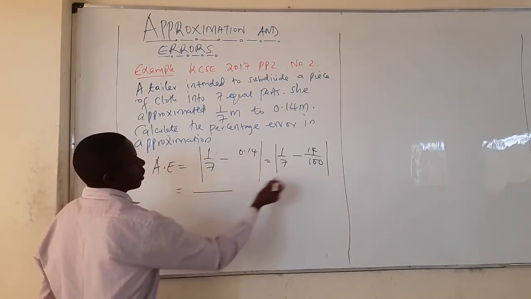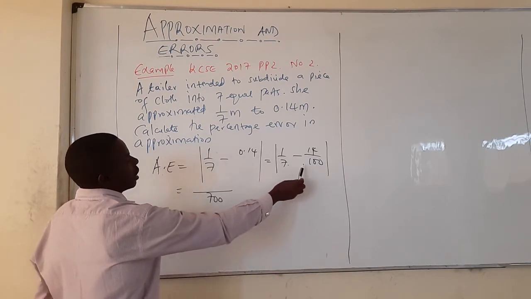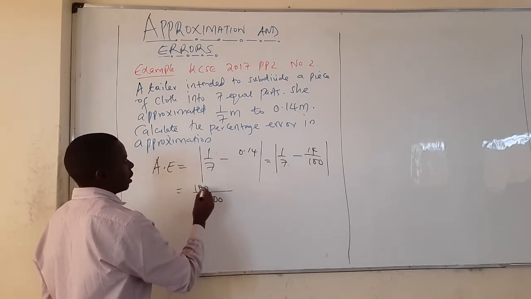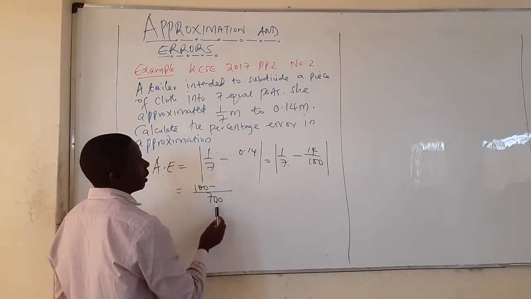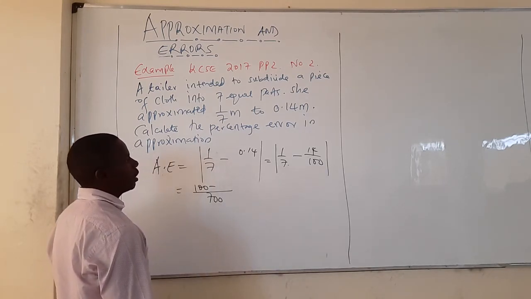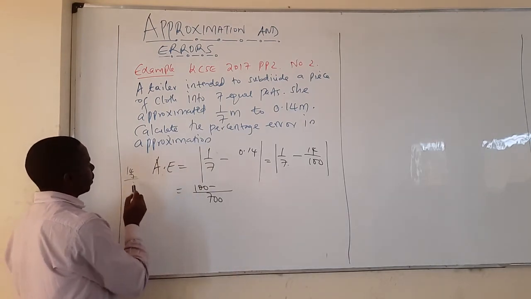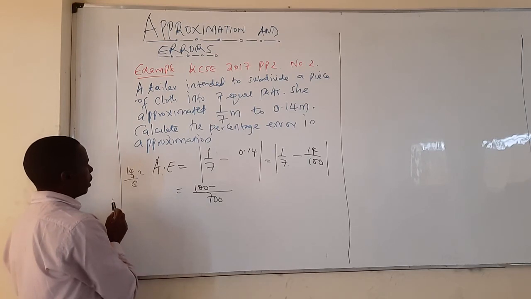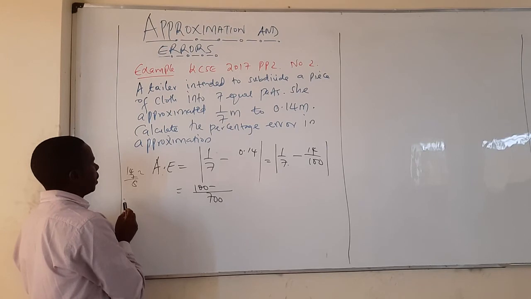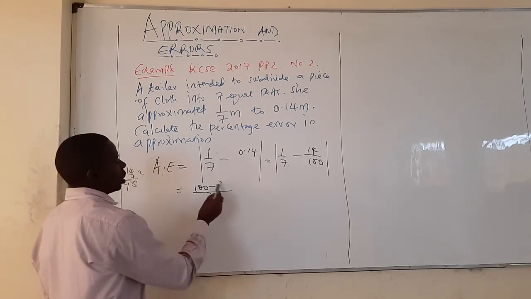The LCM of 7 and 100 is 700. 700 divided by 7, you get 100 times 1, get 100, minus 700 divided by 100, you get 7, and 14 times 7, I'm going to have 98.